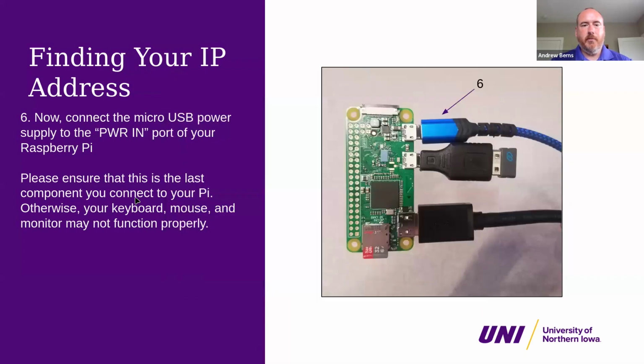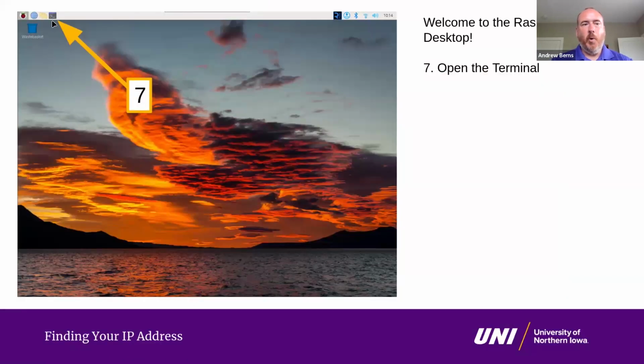What we want to do is open the terminal, which is number 7 here in the diagram, this little symbol up in the taskbar. If you have a mouse, obviously you can just click on it. If you don't have the mouse, you can press Control, Alt, and T all at the same time, T for terminal.